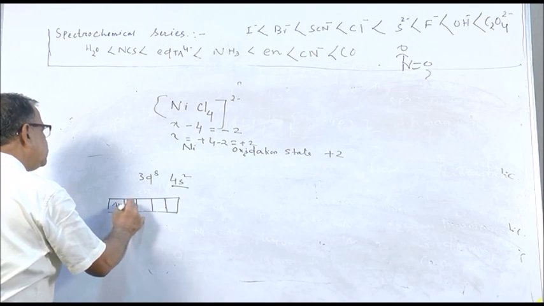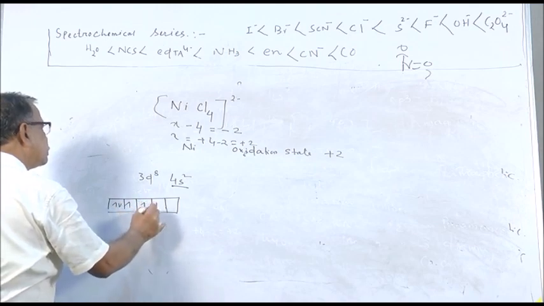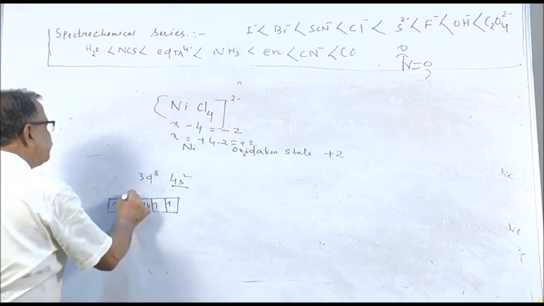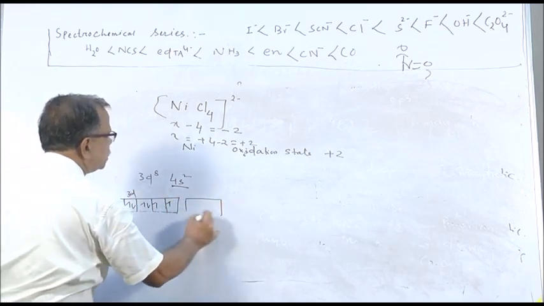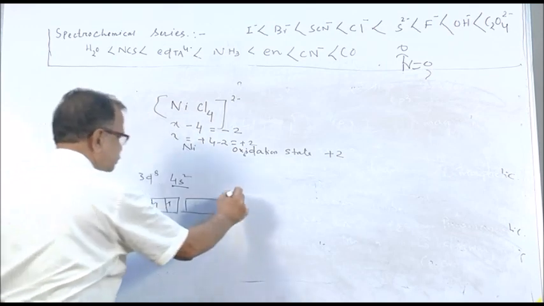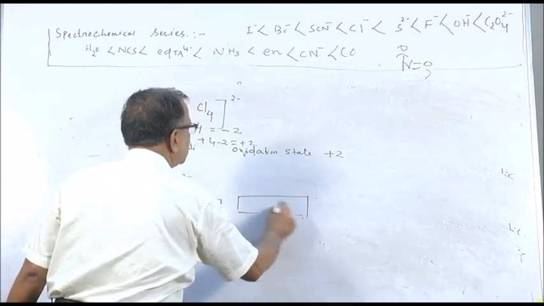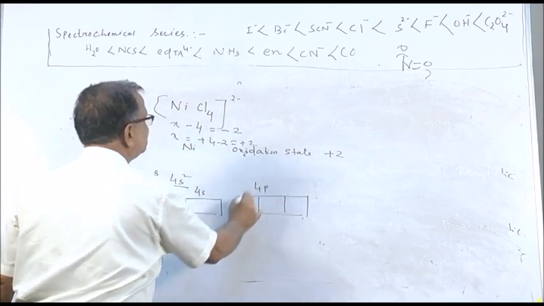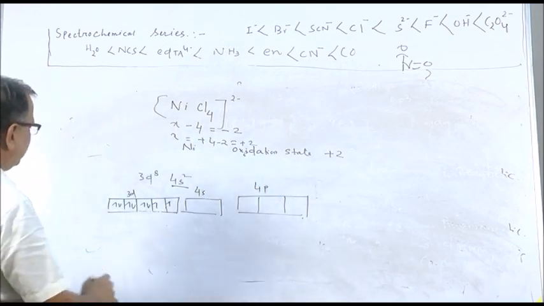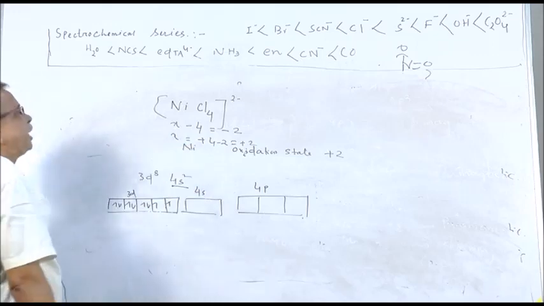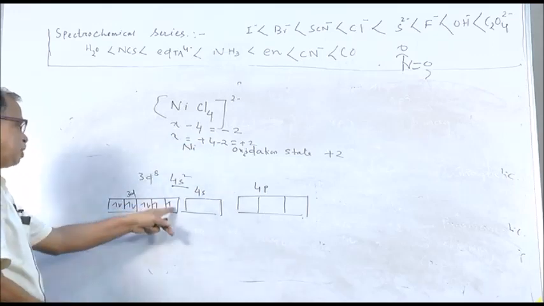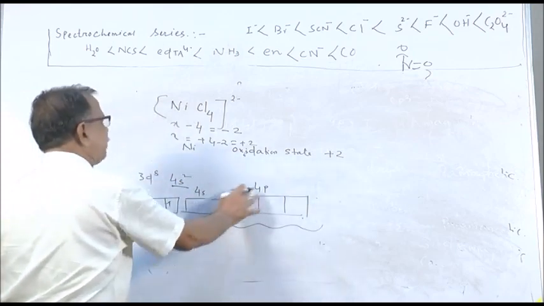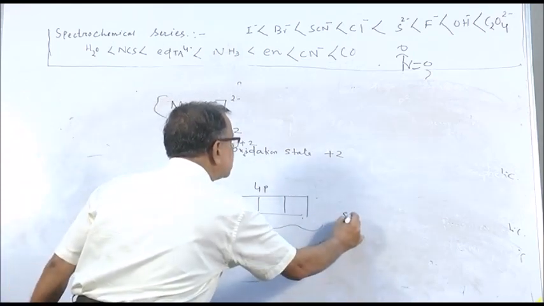Here the 3d, 4s, 4p. Because chlorine is a very weak ligand, pairing cannot take place. If pairing does not take place, here hybridization takes place with one 4s and three 4p. It forms sp3 hybridization.